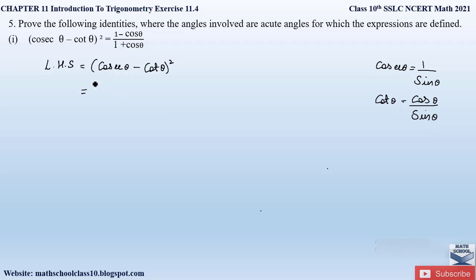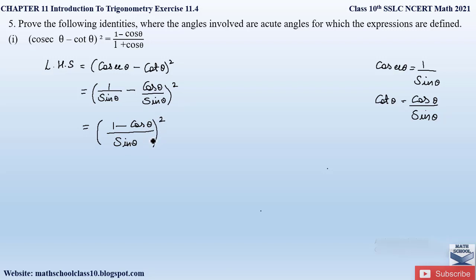Cosecant can be written as 1 by sin theta minus cot, which is cos theta divided by sin theta, the whole square. Here you can observe that the denominator is the same, that is sin theta, therefore we can subtract in the numerator. So the numerator is 1 minus cos theta, divided by sin theta, the whole square.